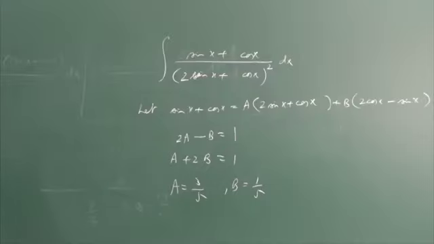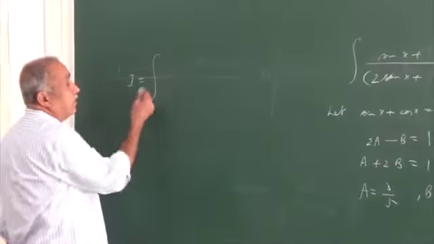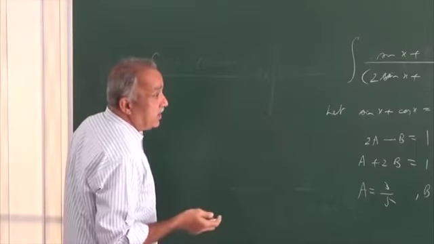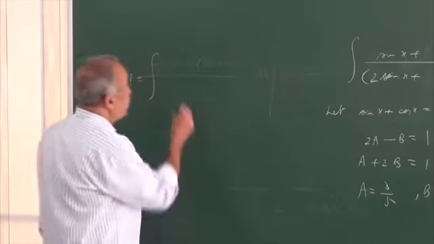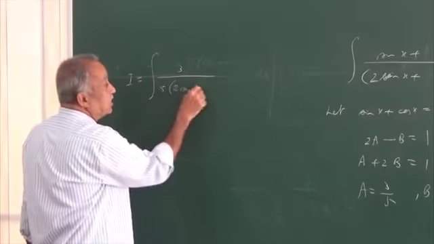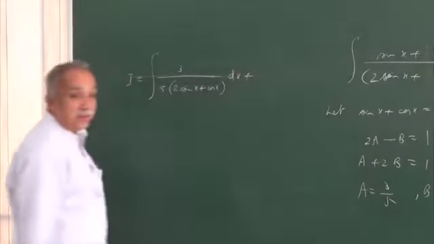Using the values, I get my integral as, first portion, a is 3 by 5, and 2 sin x plus cos x over 2 sin x plus cos x has got cancelled.